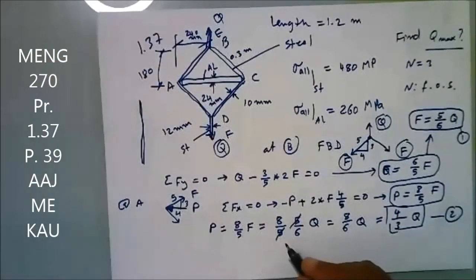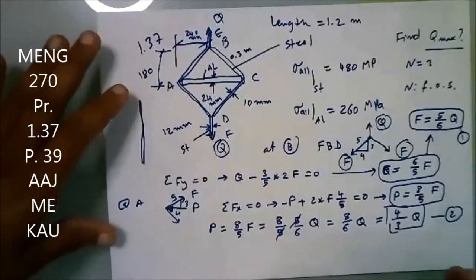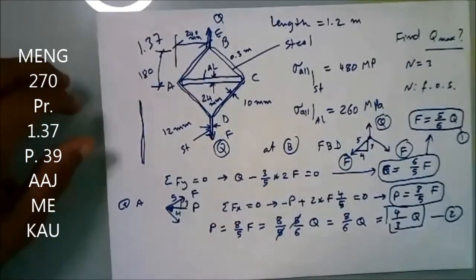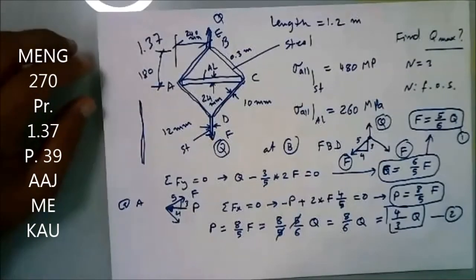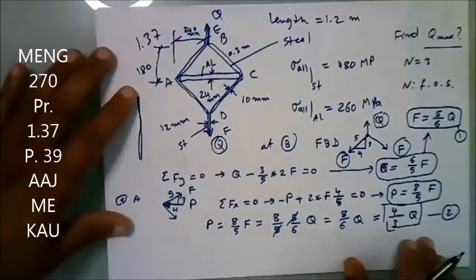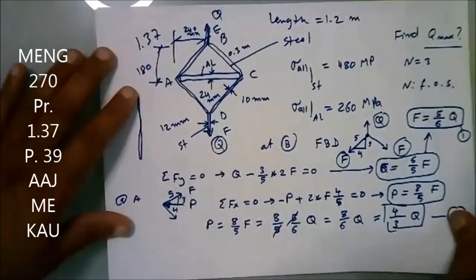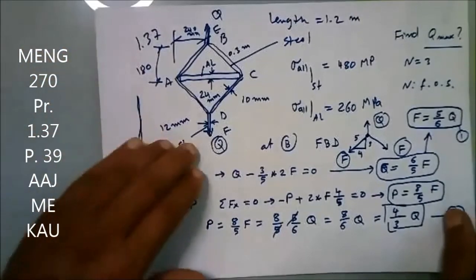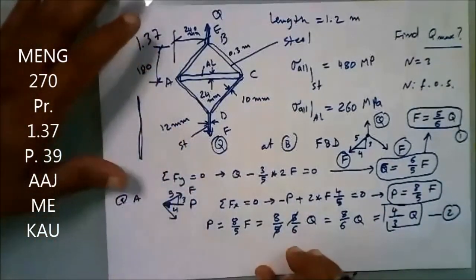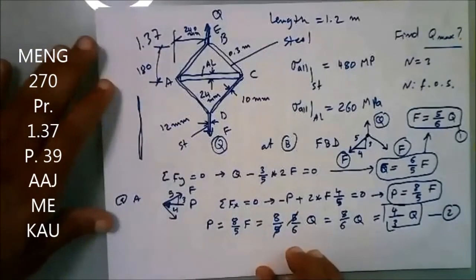Okay? Right. Now, the remaining part is very simple. Why is it very simple? Because what is required is that we find the stress, the maximum force based on the stress.